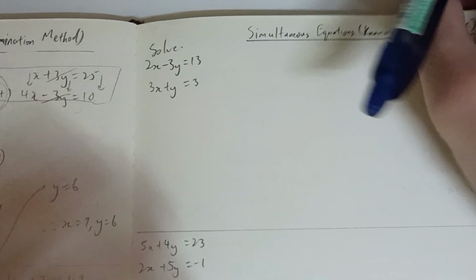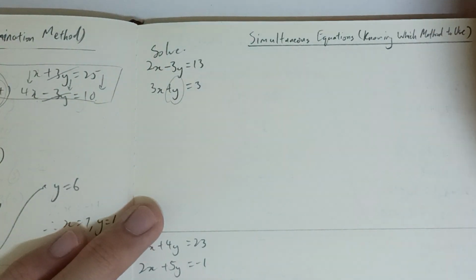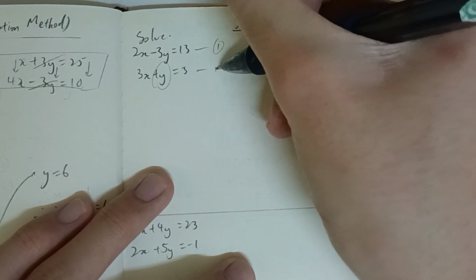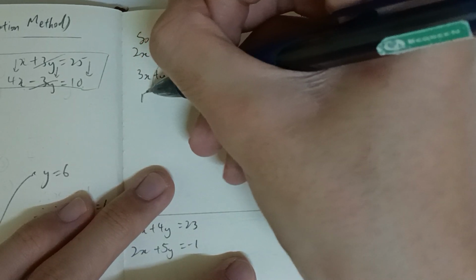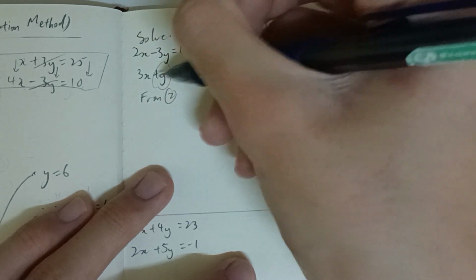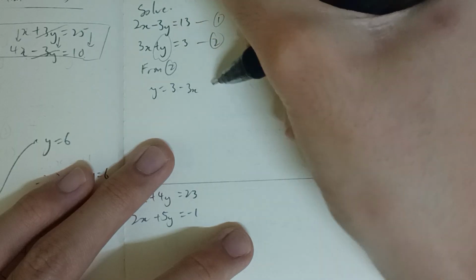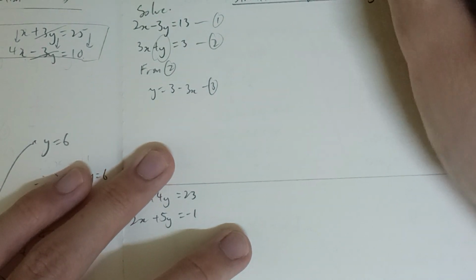So in cases like this, when I see y being alone, I can immediately rearrange my second equation so that y equals 3 minus 3x. It's very fast, you know.